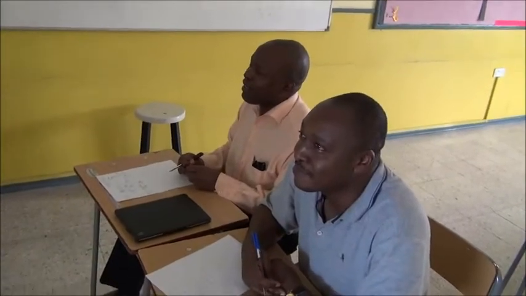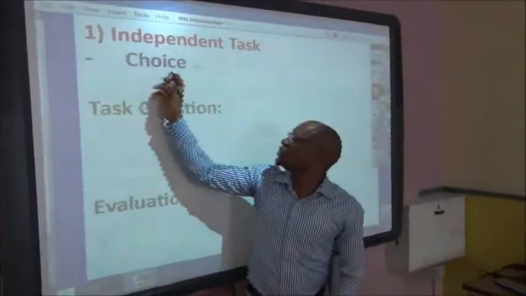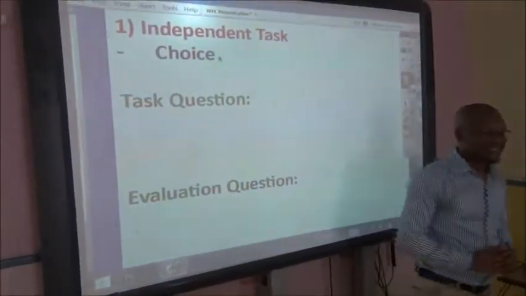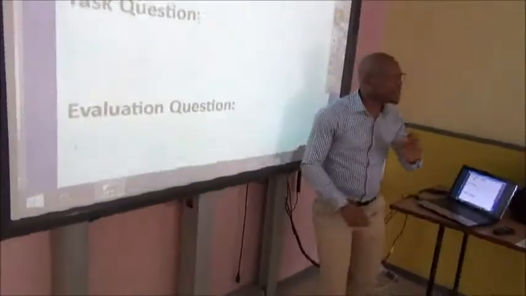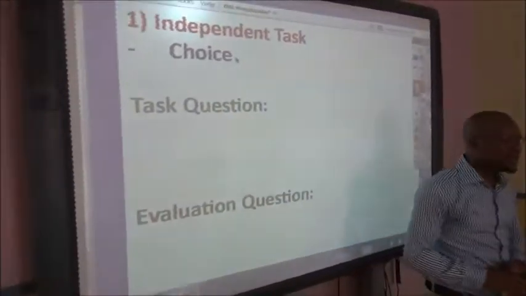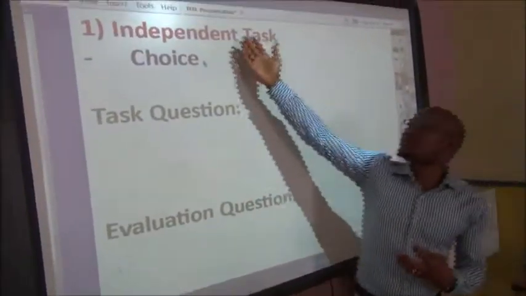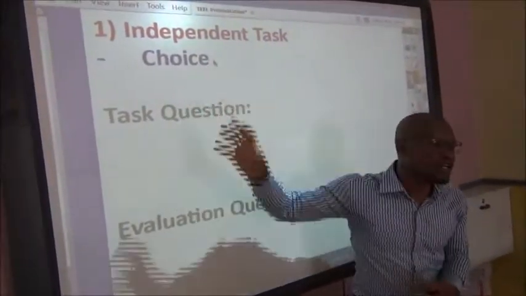Okay, something standalone, something on your own, independent. And then what about this? Choice. It'll be an option. And then nobody is going to compare you to a particular task. Beautiful. Now let us see how you can handle an independent task by making a choice.